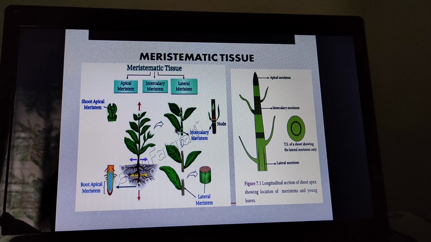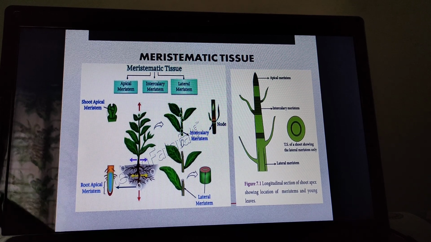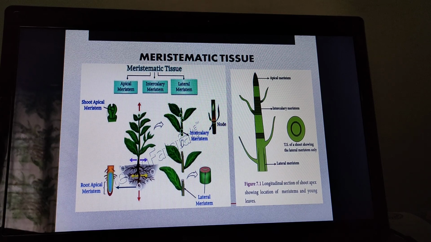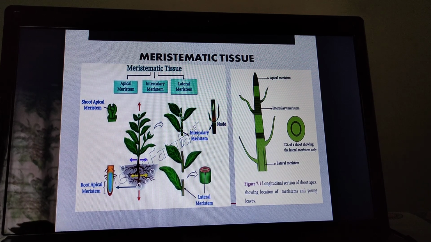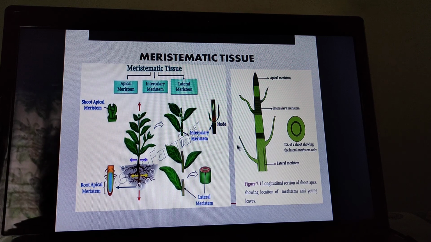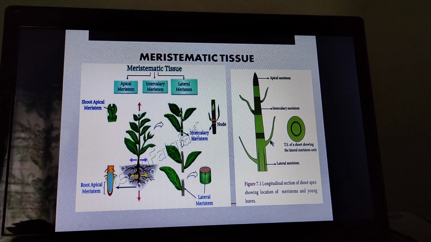This type of meristematic tissue which is found between the permanent tissue is known as intercalary meristem. So, intercalary meristems help in elongation of the organs and are present mostly at the base of nodes, internodes and leaves. So where we get intercalary meristem? At the base of nodes, internodes or leaf.